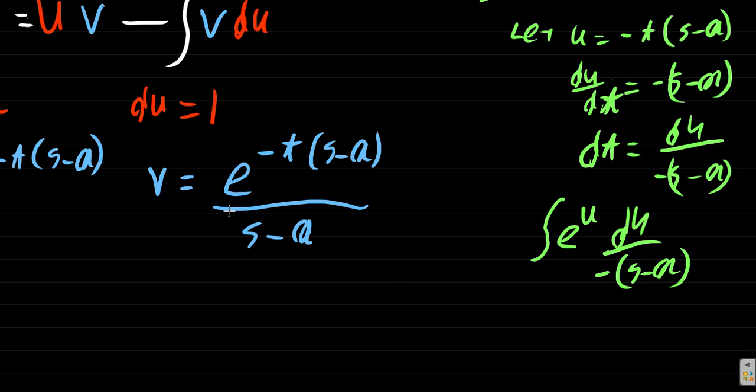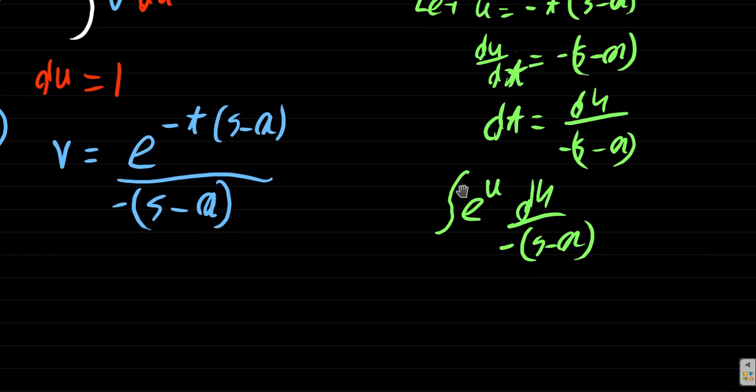Oh, it's negative. I should have a negative. I didn't remember to put the negative. I just realized it. Good thing I went through this, so I realize that it should be over negative (s minus a). So we put the negative (s minus a) outside of the integral sign. So it's 1 over negative (s minus a) times the integral of e to the u du.